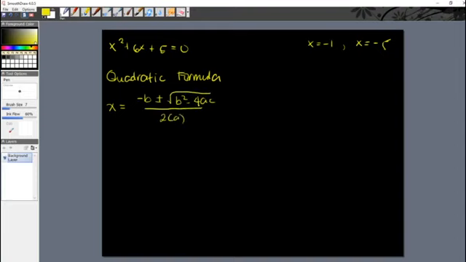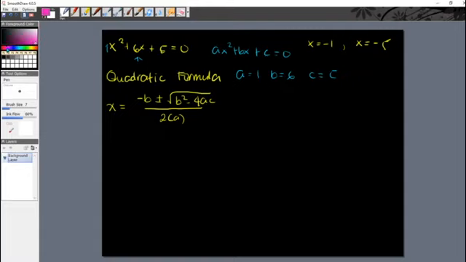Remember that our equation is in the form ax squared plus bx plus c equals 0, where our a is what? 1 here. Our b is 6 here. And our c is actually 5. So we're going to plug in these values to the quadratic formula and then simplify to solve for the values of x.